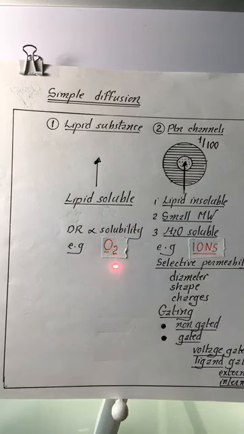Don't ever forget this example. So molecules which cross the cell membrane by simple diffusion can cross through the lipid substance if they are lipid soluble. And the more their solubility in lipid, the more will be the rate of diffusion. And the best example is oxygen.